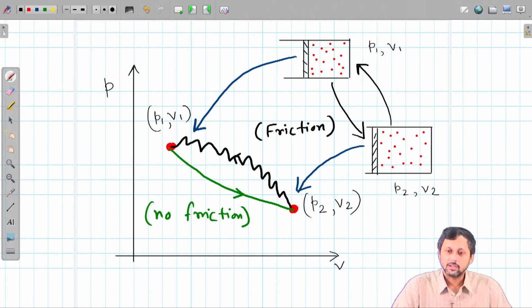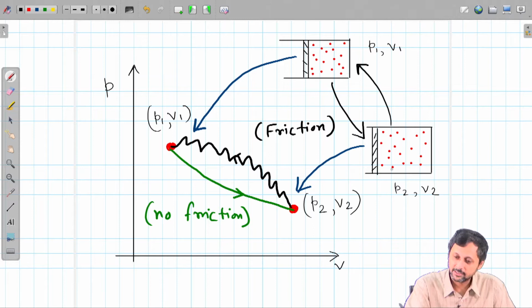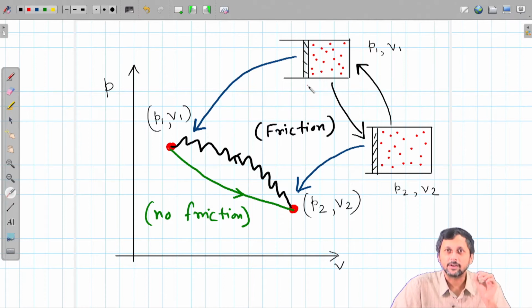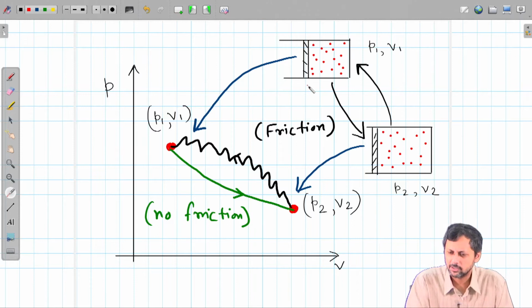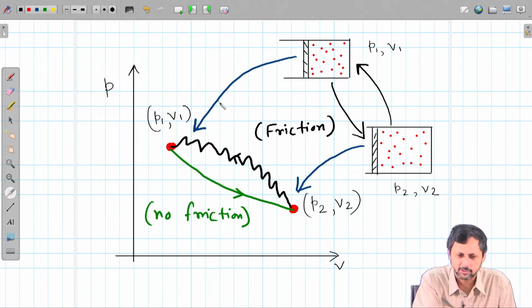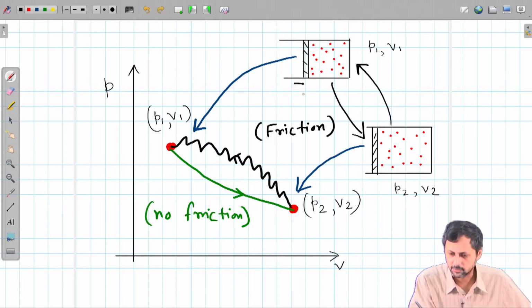Also, one more thing: when we are talking about the expansion or compression of this piston, we always assume that this process is infinitesimal. We have heard about this every time. So basically, we talk about a displacement here.